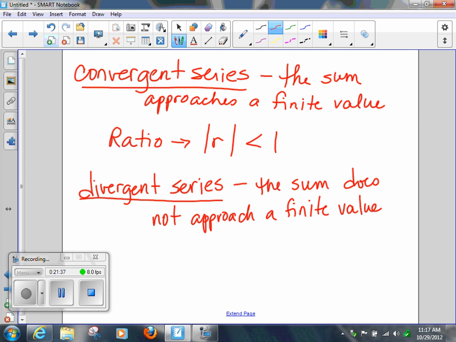It's getting farther and farther away. All right, now look at the convergent series. If the ratio is less than 1 in a convergent series, it's getting smaller. Then what do you think the ratio is going to do in a divergent series? It's going to get bigger. How do you think we're going to represent that? Greater than or equal to 1.